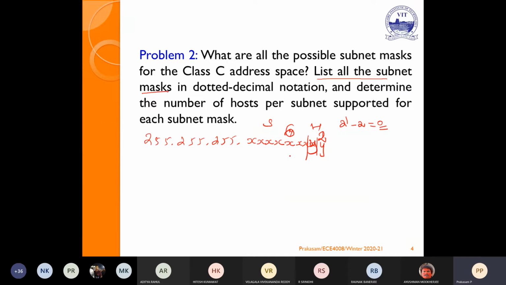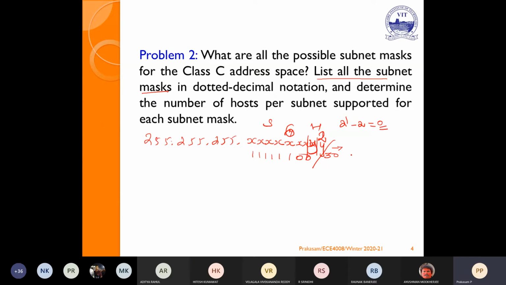Now, what is a subnet mask? Class B, 255.255, plus the last octet: six ones, remaining two zeros, 11111100.